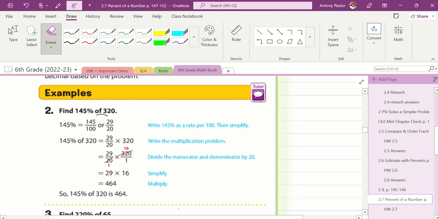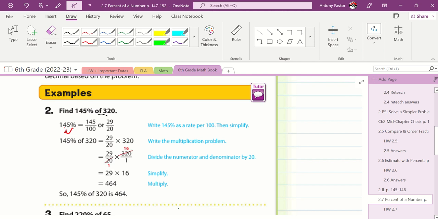We would put 145 over 100. We would simplify it down to 29 over 20. We would still multiply straight across, and we would end up with 464. It's still the same type of thing. We're just going to end up with a different number. We could even make 145% into a decimal, 1.45.